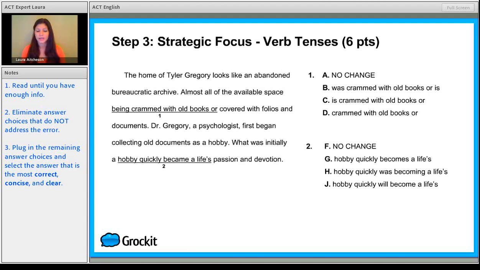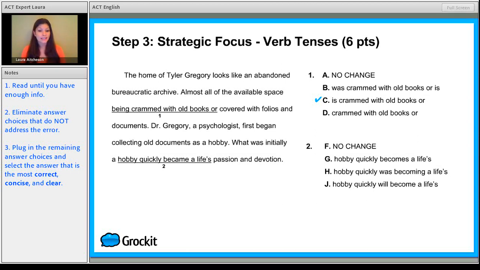They really do like conciseness, but also there's not parallelism. So even if you're not sure 100% should it be present tense or past tense, well, you've gotten rid of everything else. So once you've eliminated everything, eliminating 3 wrong answers is the same thing as finding 1 right answer. So you don't have to be a grammar expert. You just want to be a really good test taker and know a lot about the test.